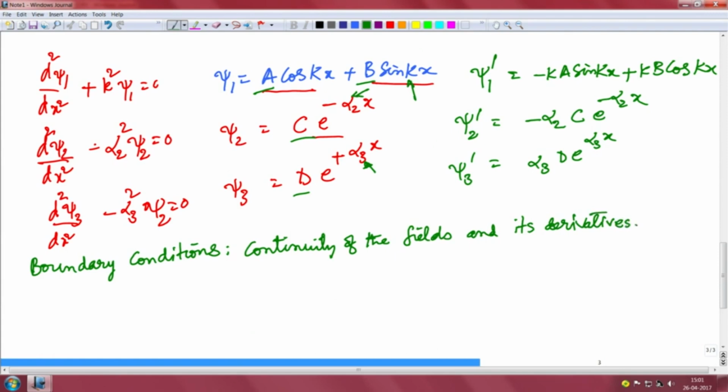So, at x equal to 0 we have, I will always need this curve. This is 0, this is d, and this is psi 1 here, psi 2 here and psi 3 here. At x equal to 0, that is this point, psi 1 should be equal to psi 3.